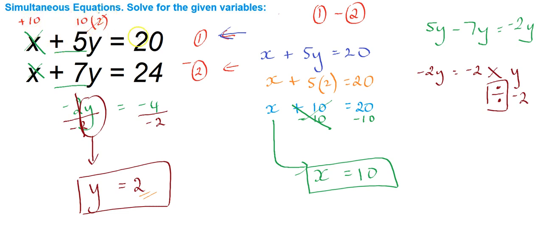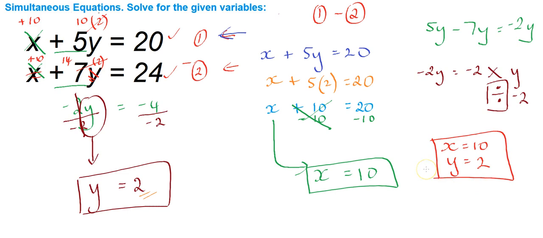So 10 plus 10 is 20. Yes, that is correct. This one down here, it's not x, remember, it's positive 10. And it's not 7y, it's 7 times 2. Now, 7 times 2 is positive 14. So 10 plus 14 is 24. That is correct. Therefore, yes, for sure, x equals 10 and y equals 2 are the correct values.